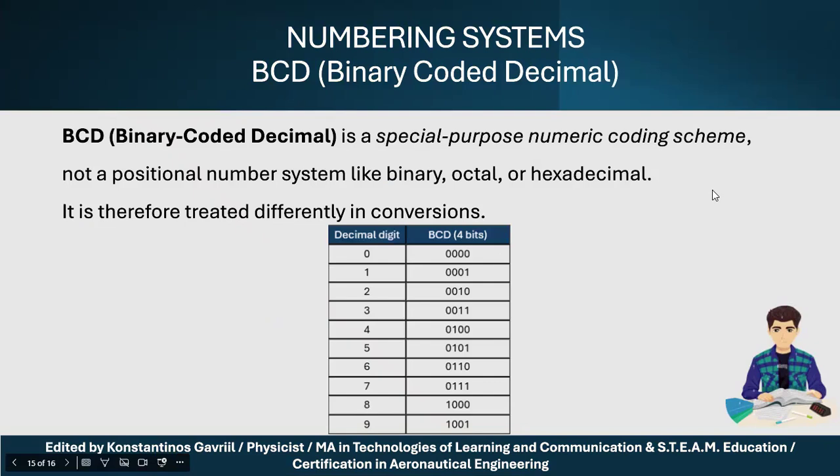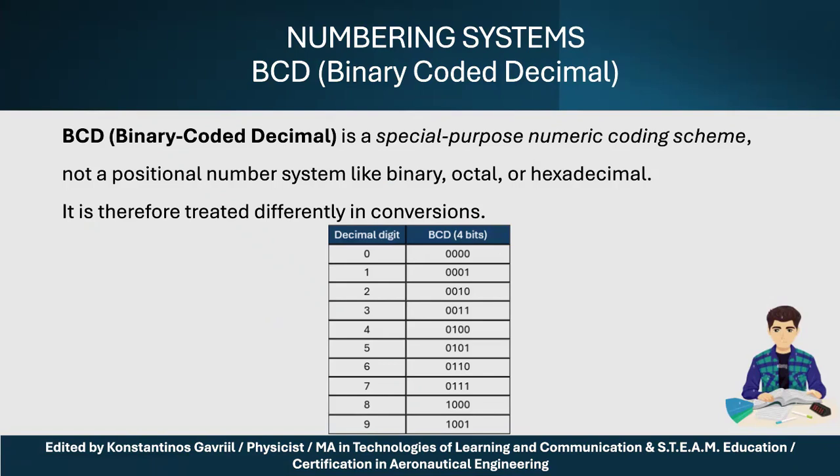Now let's talk about the BCD, the binary coded decimal. What do we have here? Here, for every digit, we have a group of 4 digits now. The binary coded decimal is converted from the decimal number.